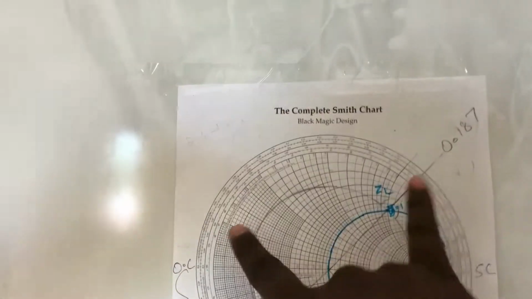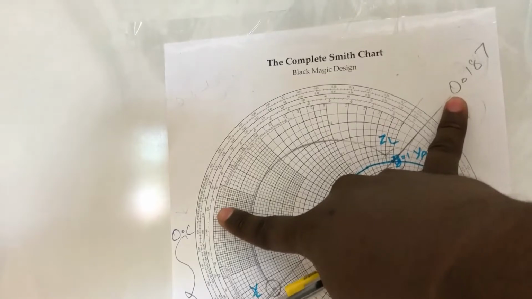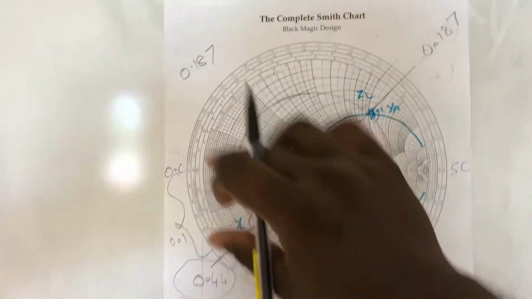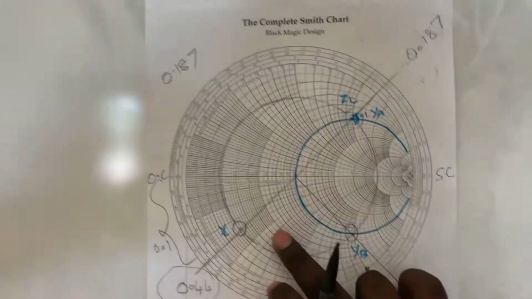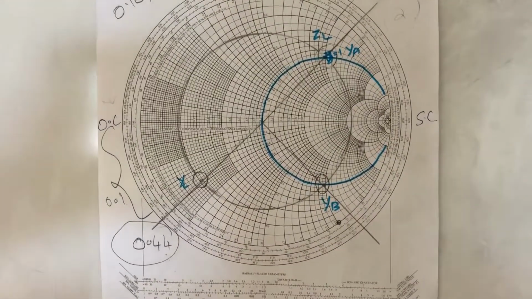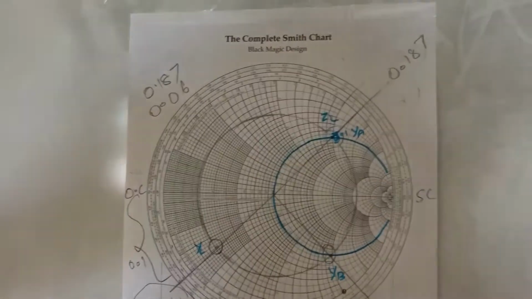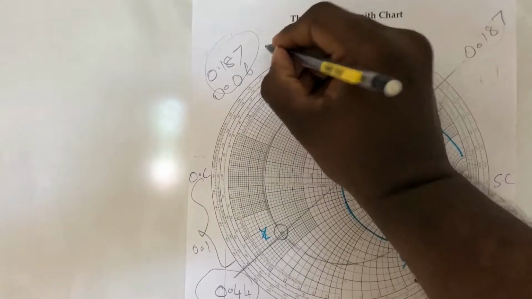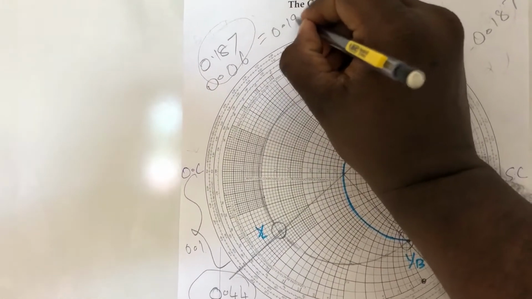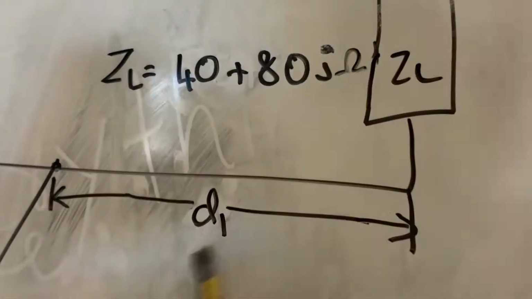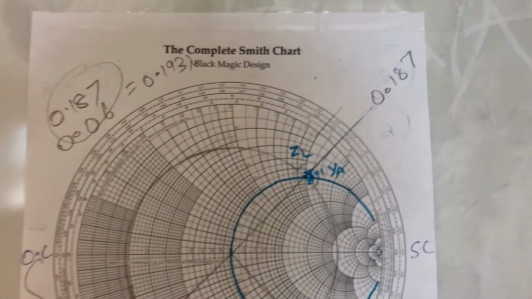So 0.187 is going to be as it is. Now we need only this, and from here to here we need to discard. So 0.5 minus 0.44 will give us 0.06. All we need to do is add these values and we will get 0.193 lambda, which is going to be our distance. So d1 is now 0.193 lambda.